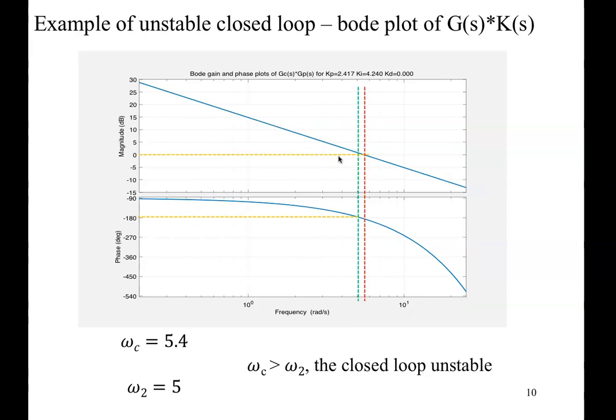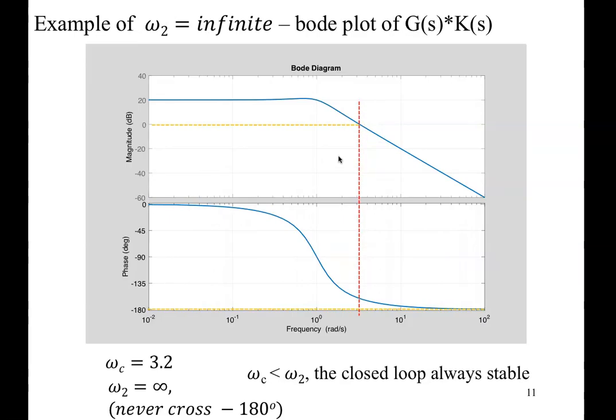Okay. I've got another example here. In this case, I'm not too worried about stability. I'll explain why. I have a Bode plot of G times K. That is an entirely different system. Assume I know G and I have K. This is the Bode plot.